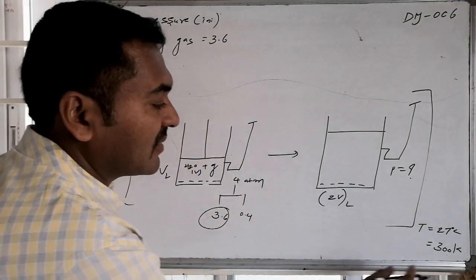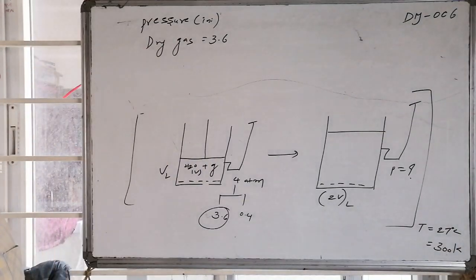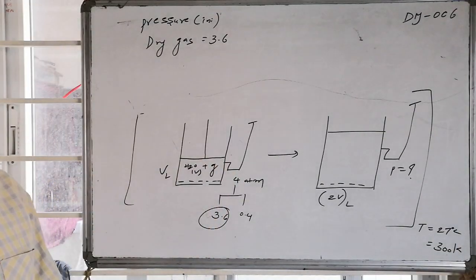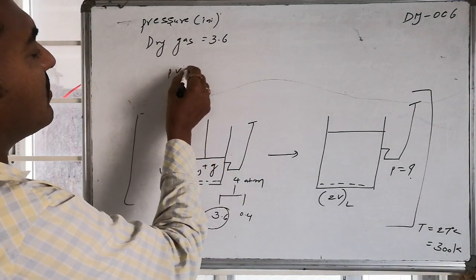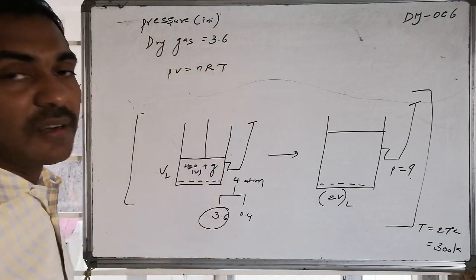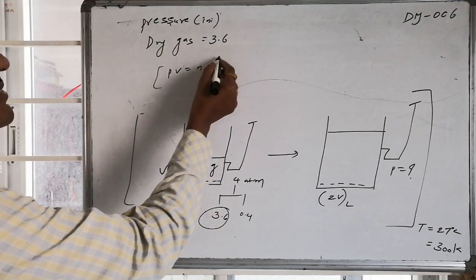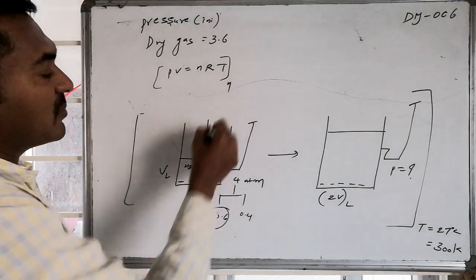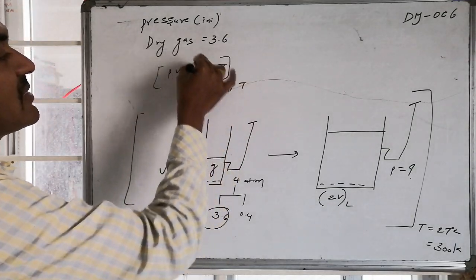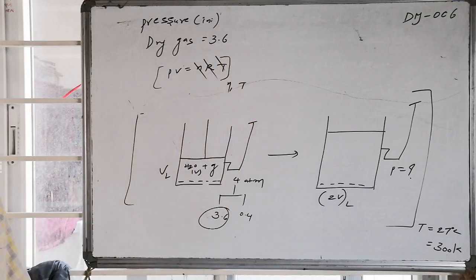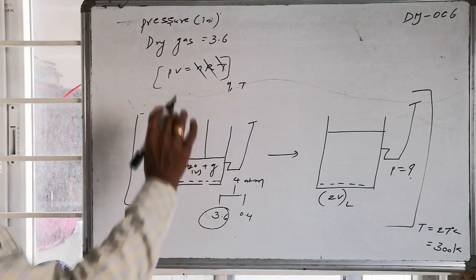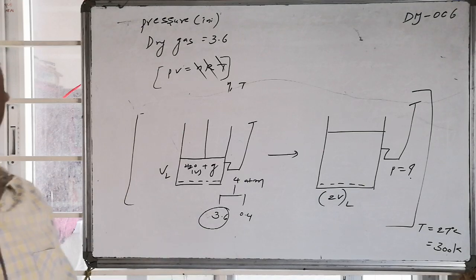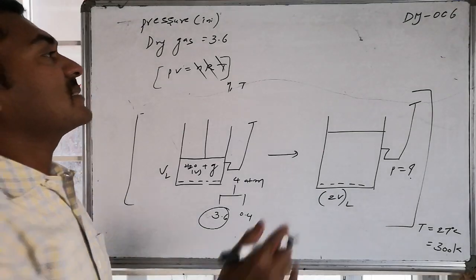In this case the temperature remains constant, and the number of moles of dry gas also remains constant. Let us go for PV equals nRT. The volume is expanded, but the number of moles and temperature are constant, implying the PV product under all situations remains the same and constant.